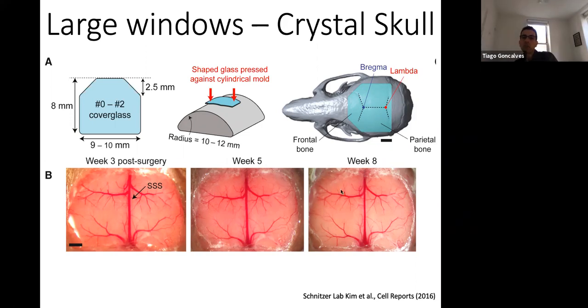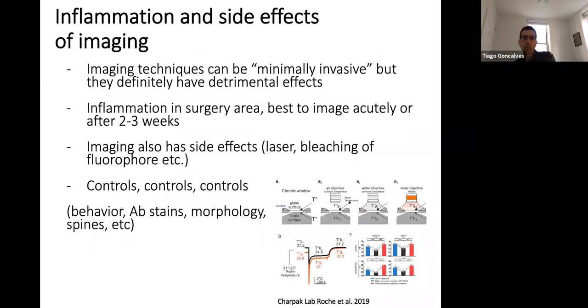You can have these enormous windows that stay transparent, and it's really beautiful stuff. These are perfect for use with these very large microscopes that are called mesoscopes. I'm going to talk a little bit about that in a while, but they're just really good for that.